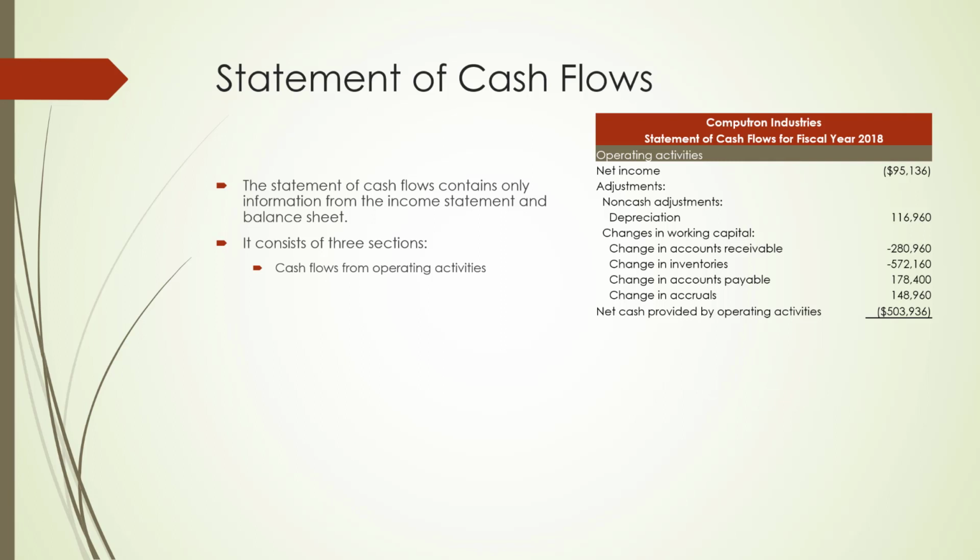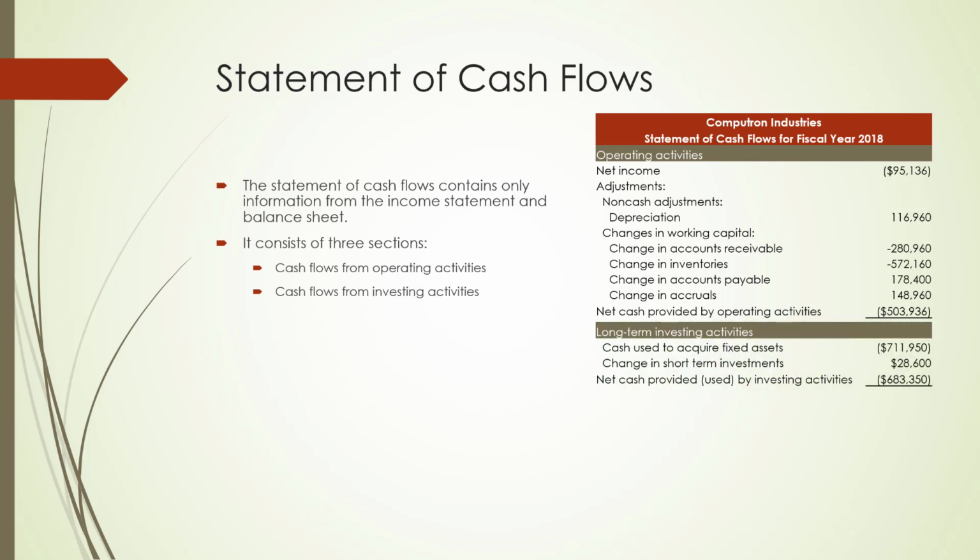It's close to that. But notice that we do not have the change in cash, and we don't have the change in short-term investments, and we don't have the change in notes payable. So the change in cash is going to be ultimately what this statement shows us. And then short-term investments and notes payable are not operating activities. And so they'll be on here, but in separate sections.